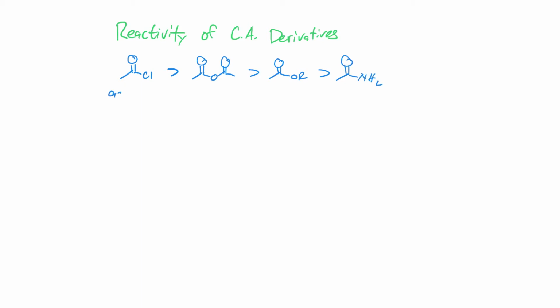Where the acid chloride, and actually you can make acid bromides too. We don't see them very often because they're actually more reactive than the acid chloride. And as we'll find out in this chapter, the acid chloride is certainly reactive enough for our purposes. Then we go to the anhydride, the ester, and the amide as the least reactive of these four.